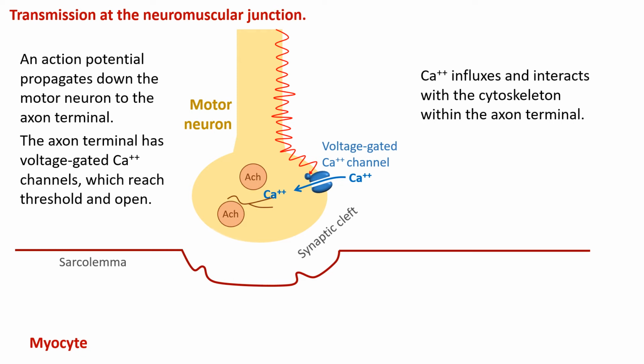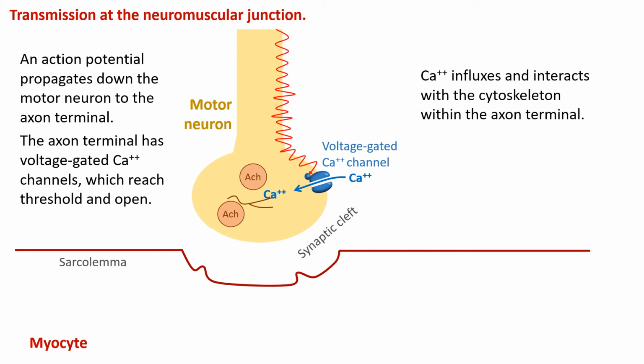Cytoskeletons move vesicles around, they change the shape of the cell, they do lots of funky things, but generally that involves calcium binding to them. So calcium influx is often a stimulus for the movement of vesicles by interacting with the cytoskeleton. So calcium influxes and interacts with the cytoskeleton.